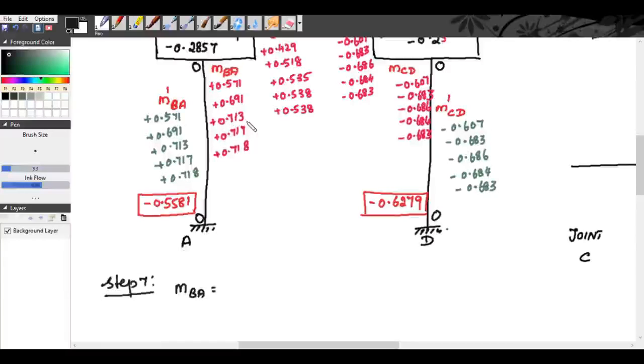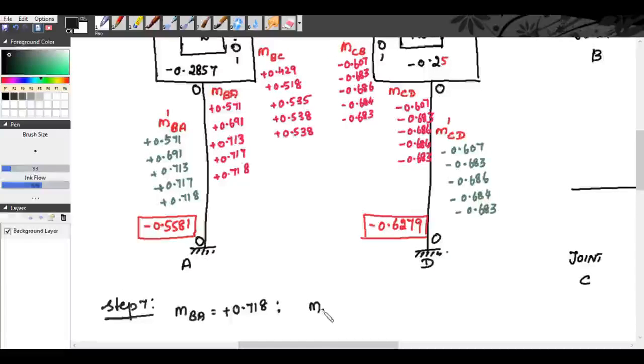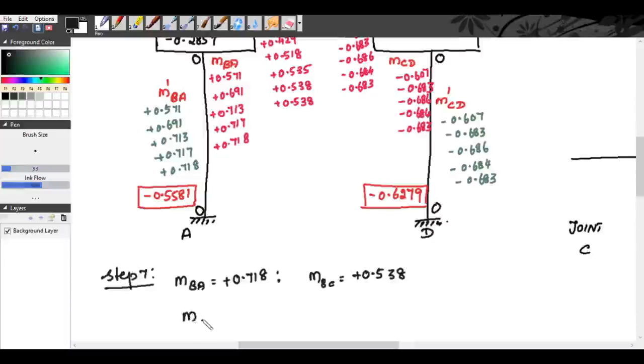So MBA is equal to plus 0.718, MBC is equal to plus 0.538, MCB is equal to minus 0.683, MCD is equal to minus 0.683.